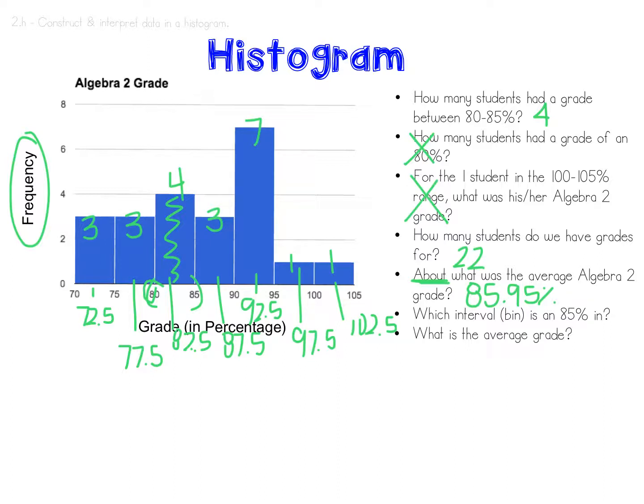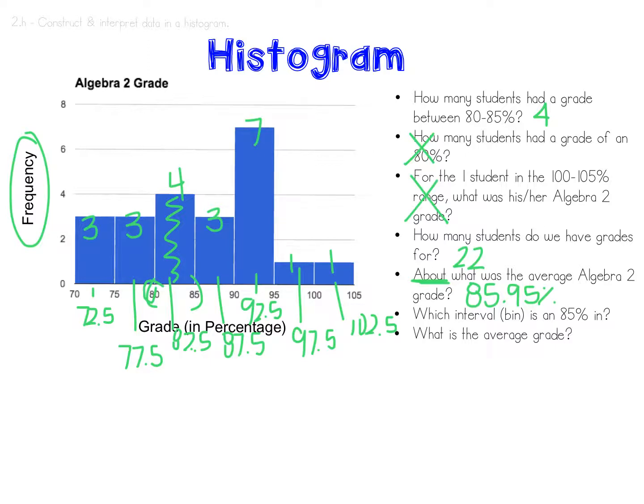All right, so a histogram can sometimes be a little deceiving because these markers right here, I don't actually know which bin this 70 goes with. Is 70 part of the previous one, or is it part of this one? Does this bin start at a 71 to a 75, and then a 76 to an 80, or does it go a 70 to 74?